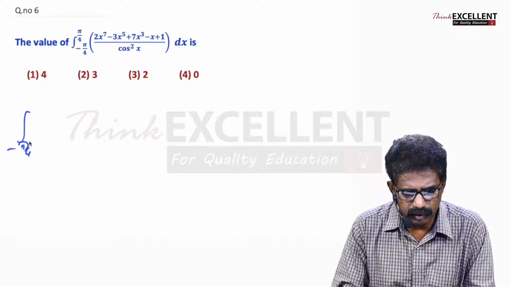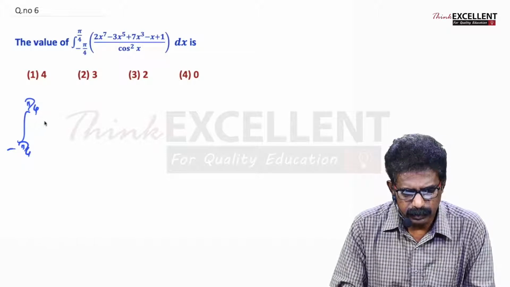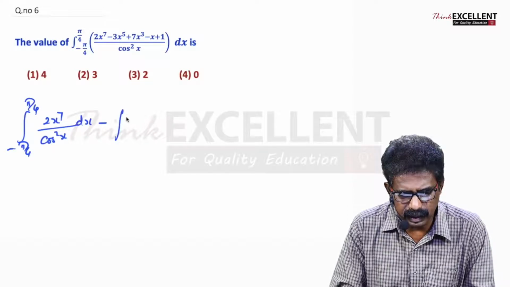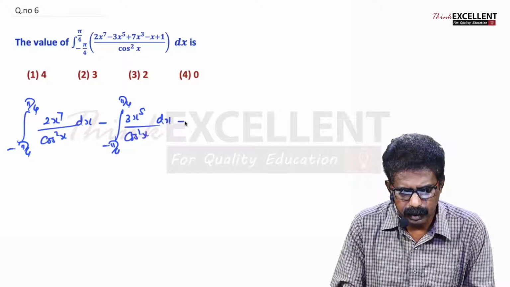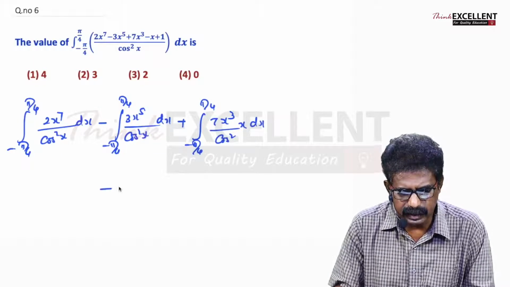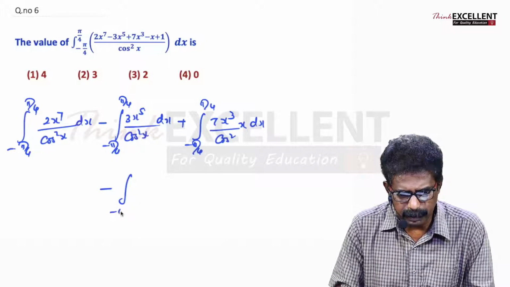Integral from minus pi by 4 to plus pi by 4 of 2x raised to 7 by cos square x dx, minus integral of 3x raised to 5 by cos square x dx, plus integral from minus pi by 4 to plus pi by 4 of 7x cube by cos square x dx, minus integral from minus pi by 4 to plus pi by 4 of x by cos square x dx, right?